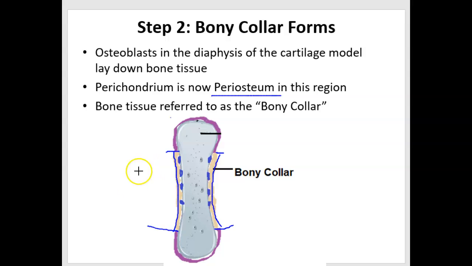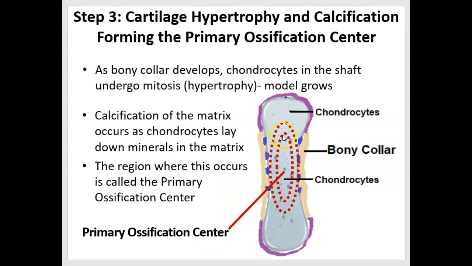Now, as you can imagine, if there's hard bone surrounding here, and there are no blood vessels permeating yet, it's going to be hard for materials to diffuse into the center of the model. But as this bony collar is developing, becoming ossified, growing in length, there are chondrocytes in the shaft, and they continue to undergo mitosis.